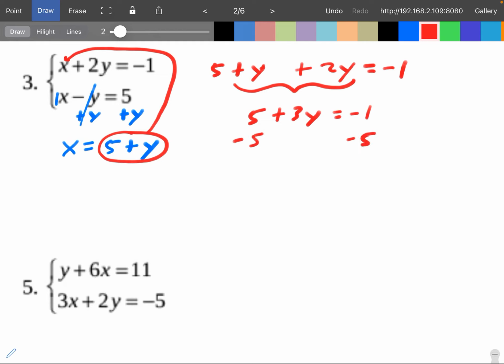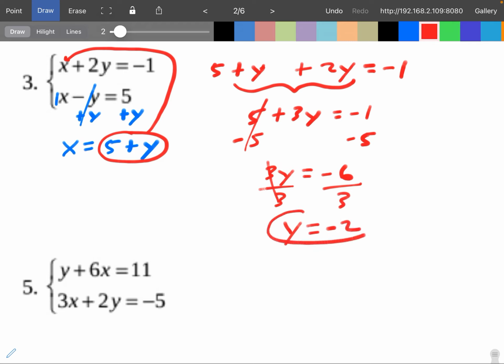And then, how many y's do I have on the left-hand side? I have 2y terms right here. So 1y plus 2y? Yeah, it's 3y, good. So that's a positive 3y. I bring down that 5 in front, and then that's equal to negative 1.